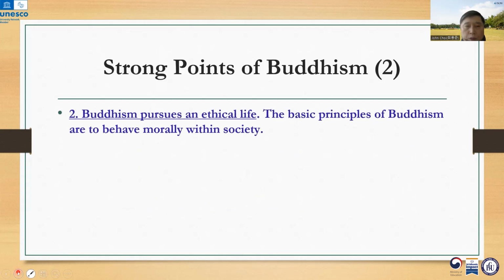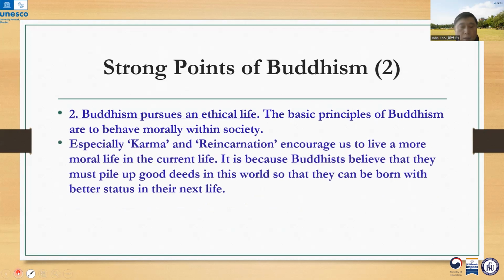Second point, Buddhism pursues an ethical life. The basic principles of Buddhism are to behave morally within society. Especially karma and reincarnation encourage us to live a more moral life than the current life.